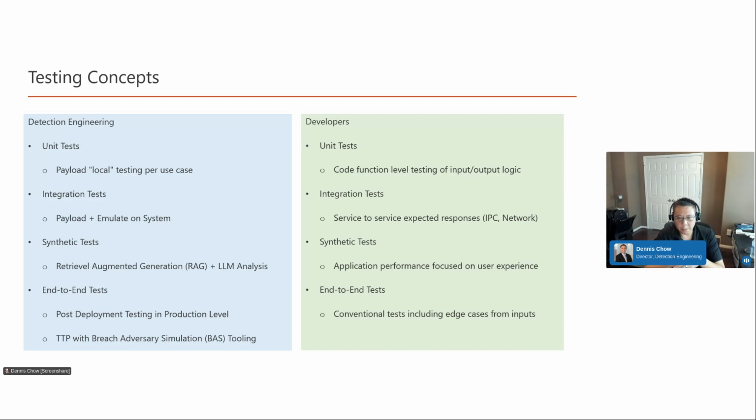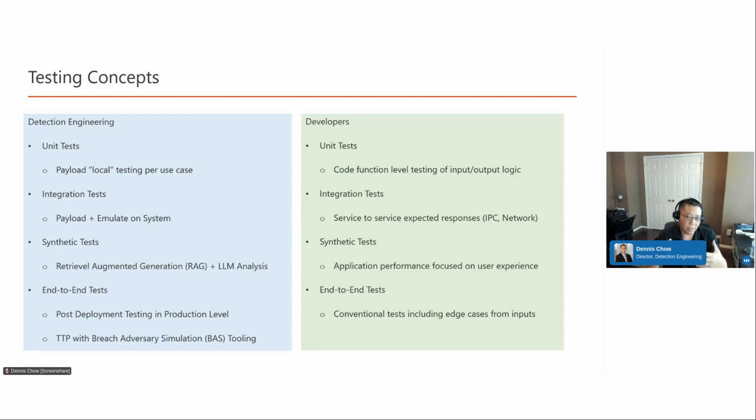In the developer world, that's a little bit different from us, so you don't see a great pair of matching. Unit test means to test a function, and you have something that passes and fails. It's a little bit harder for us because we have to create something that truly passes and truly fails, not just synthetic material. Integration test for them means API to API. So it's not just saying, hey, it works actually when you're deployed. And synthetic test in their world, this is more of a Datadog term that they actually produce, which is APM related stuff.